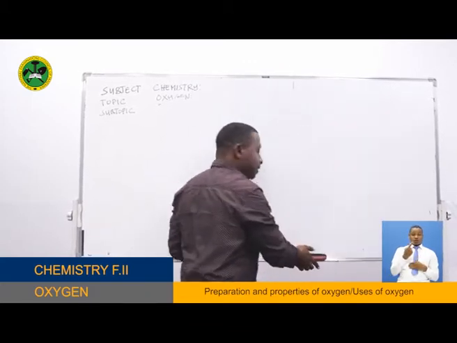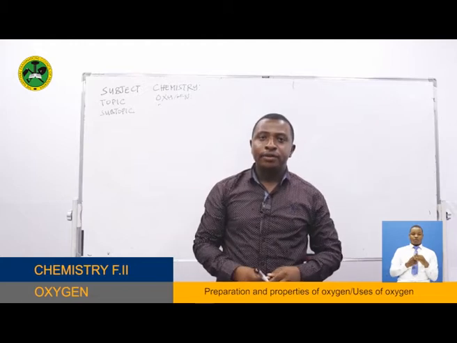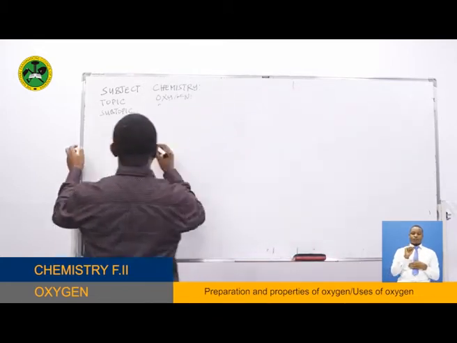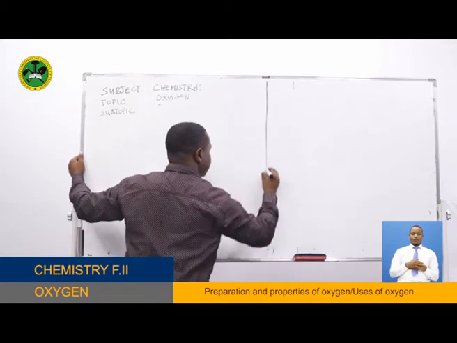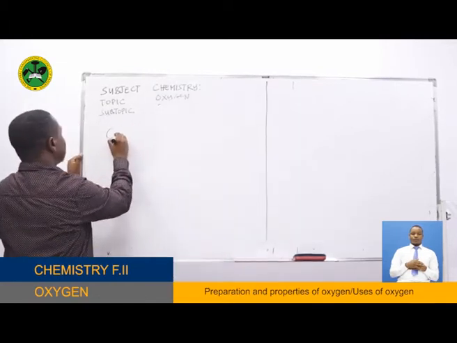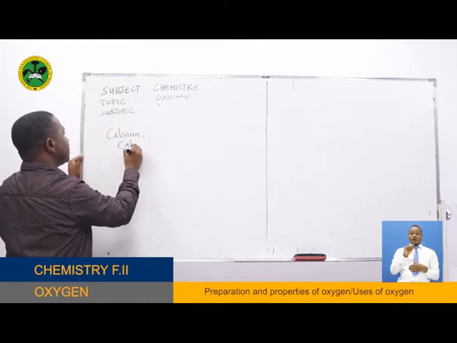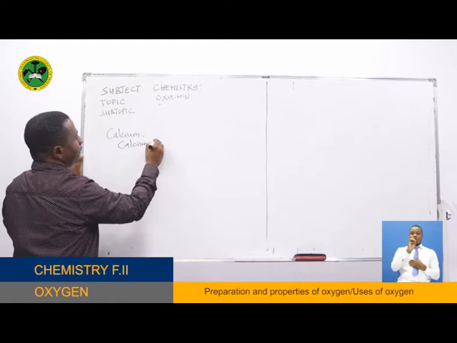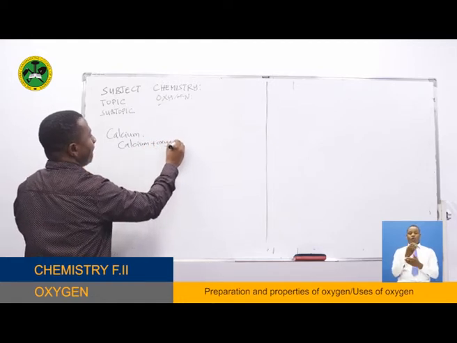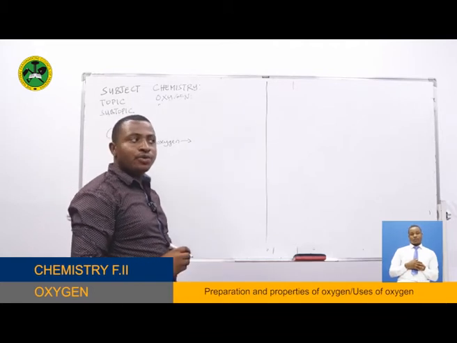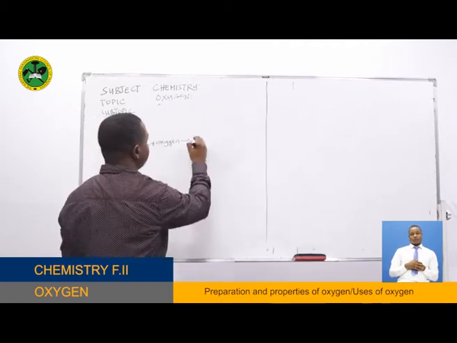Let us now see the other metal, that will be calcium. Calcium burns in oxygen to produce calcium oxide.